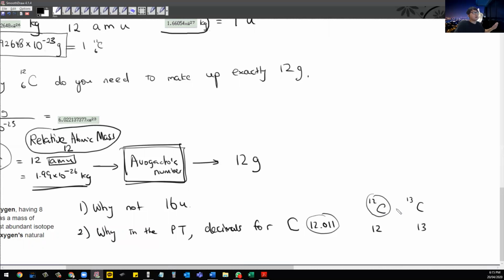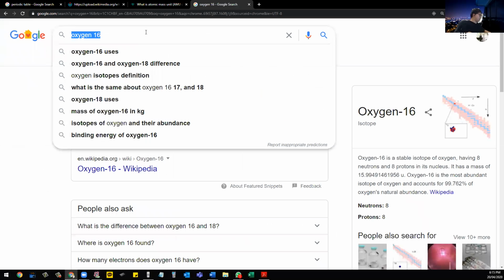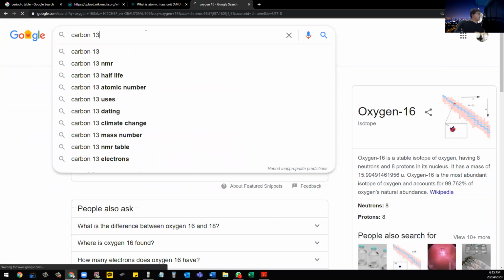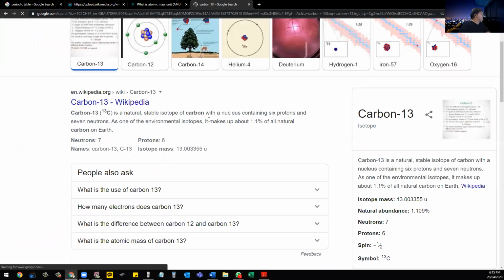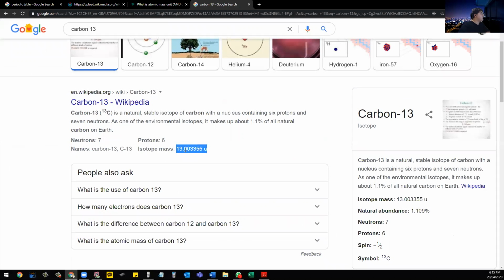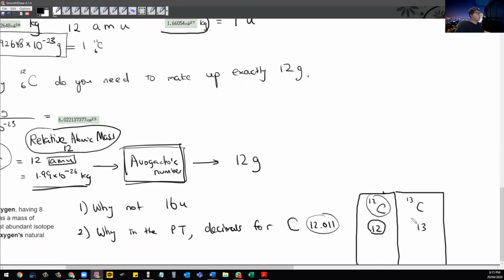Everything else, so I'm sort of answering question 1 here, just half of it. Only carbon 12 will have an integer value. If you look up carbon 13, it says 13.00 and a bit of decimals. So although it's close to 13, it's not exactly 13.